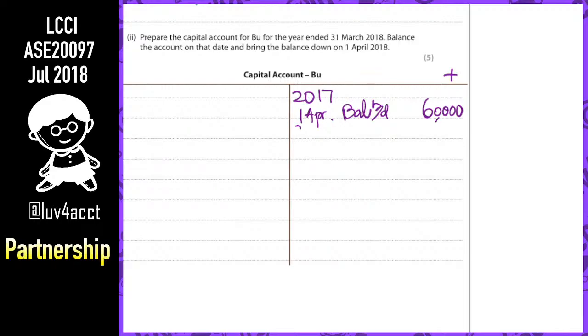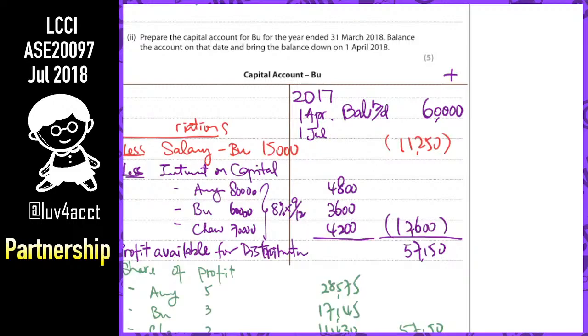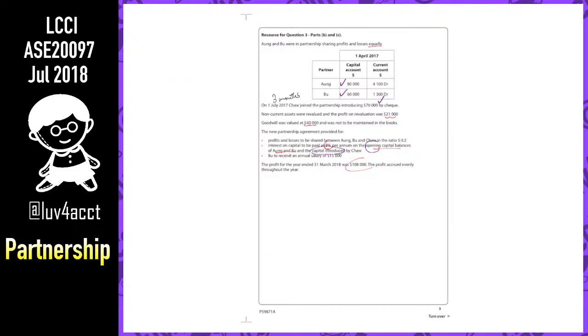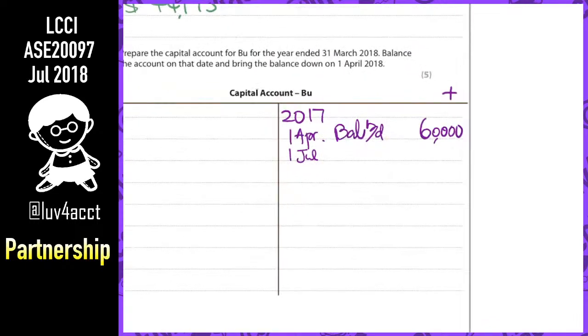Okay, the same year, 1st of July, I guess, right? Yes, 1st of July. Okay, we have the revaluation gain of 10500 because we have 21,000 divided by 2.